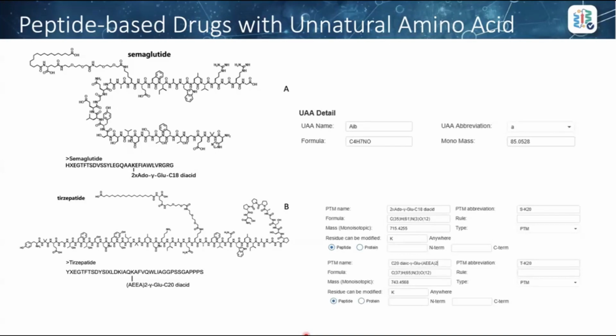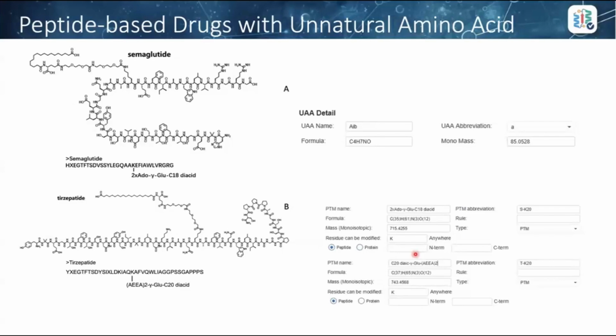So before we start, we needed to define the aminoisobutyric acid as an unnatural amino acid in ProteoformX, and also those modifications.